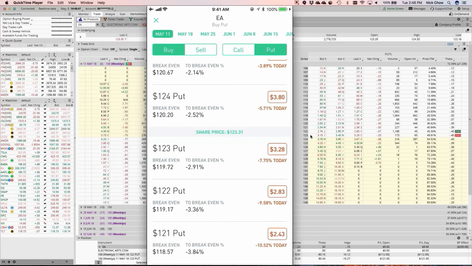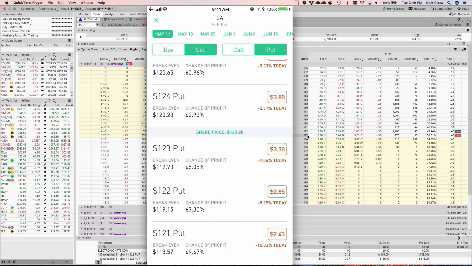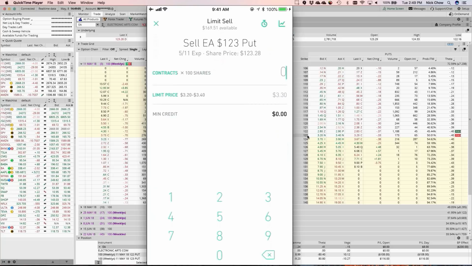I'd have to buy the 122 put, and then sell the 123 put.